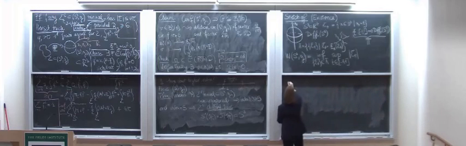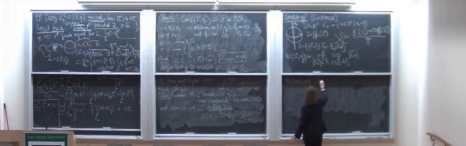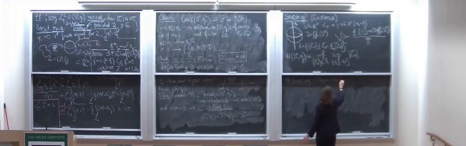The Willmore conjecture was posed in 1965 and is now a theorem by Marques and Neves. The proof was first presented on the arXiv in 2012.